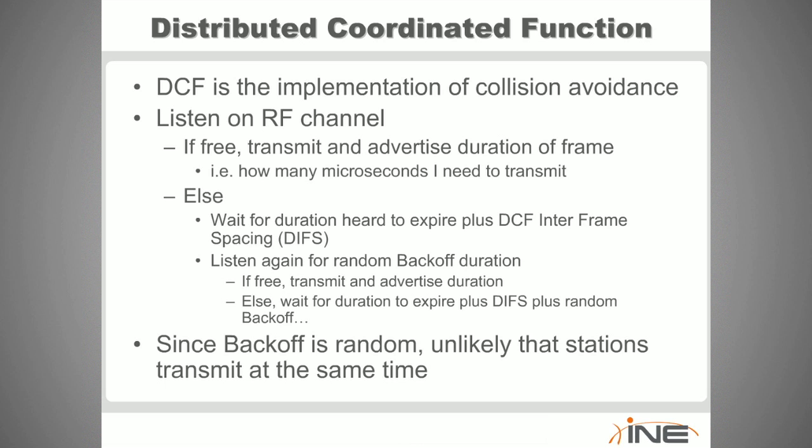If no one is transmitting, we're going to send our frame. But along with the frame, we're going to tell everyone else how long it physically takes us to send that to the destination and to get an acknowledgement. So this is going to be a function of how long the frame is, plus some basic padding to figure out how long it's going to take them to process it and how much time it's going to take to get back.